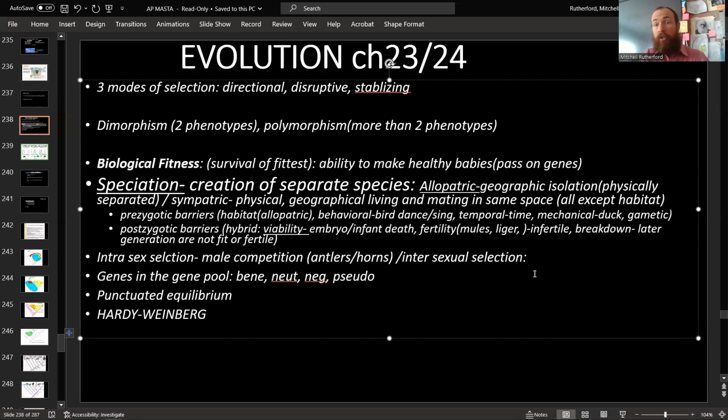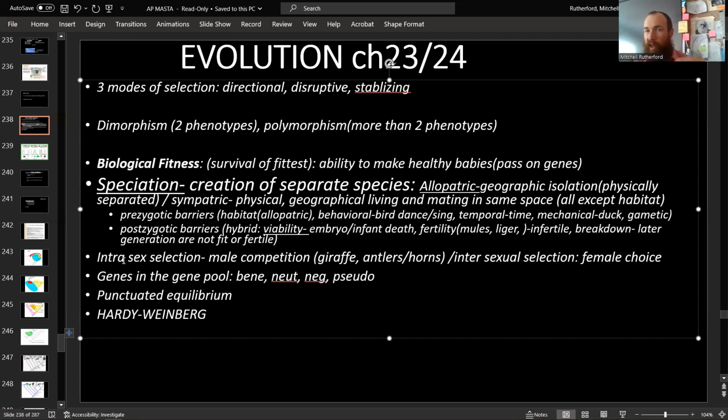Whereas the intersexual selection is, inter means between, so that's female choice. The antlers, horns, also giraffes, are also doing your male competition. That is intrasexual selection, because intra means within, and we're talking like within the males. The males just fight it out within themselves, by themselves. Now, obviously, the female's there and she's watching, but she's not actively participating. Whereas intersexual selection is like female choice with dancing birds and anything that's trying to impress.